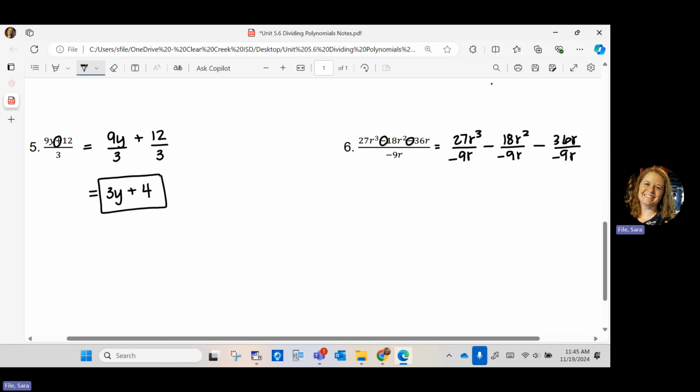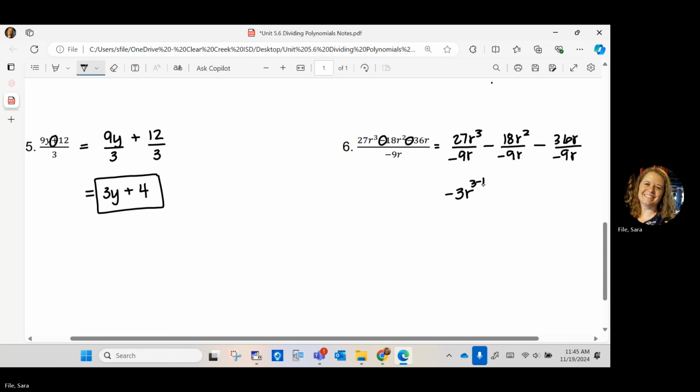So in this first quotient here, 27 divided by negative 9 would be negative 3. And then r cubed divided by r, remember that would be r to the 3 minus 1. Then in the second term, it's a minus and we're dividing by a negative.